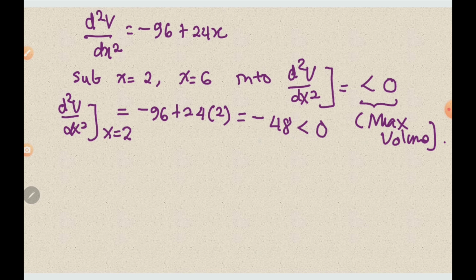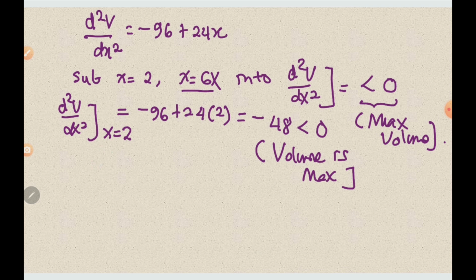So this means the volume is maximum. When you get the maximum at x equals 2, you don't have to substitute x equals 6. So we already get the answer.